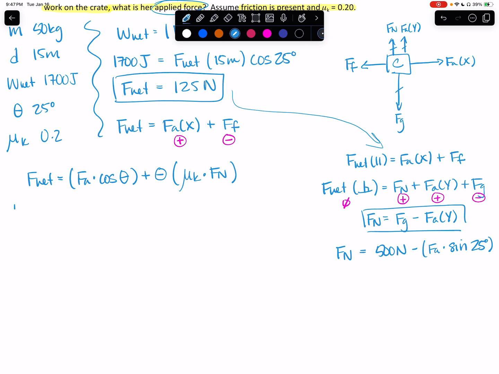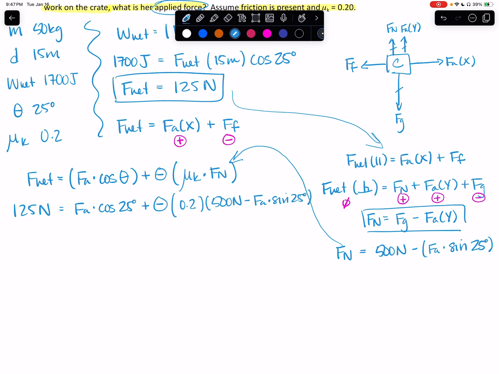So I have a net force of 125 newtons, the applied force times the cosine of 25, plus a negative, and then I'm going to put in 0.2 for my coefficient of friction. And then for Fn, I'm going to plug in this piece, 500 newtons minus the applied force times the sine of 25 degrees.